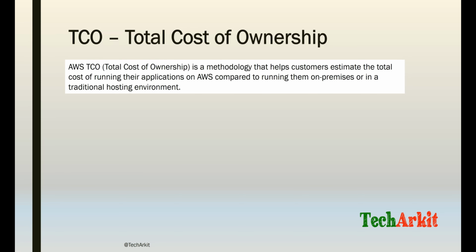It's not only that you run an EC2 instance over there and see what the cost is, and you run a server over here, what is the cost. There are certain parameters you can look for, right? For example, hardware and infrastructure cost. This includes the cost of purchasing and maintaining the servers, storage, networking equipment, and other hardware necessary to run applications on premises.